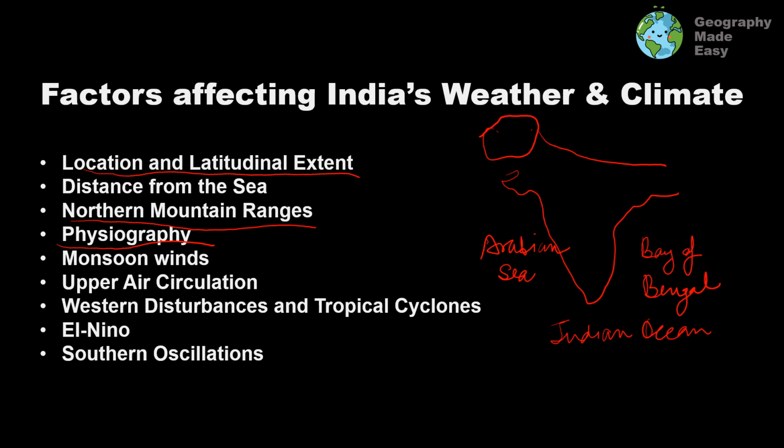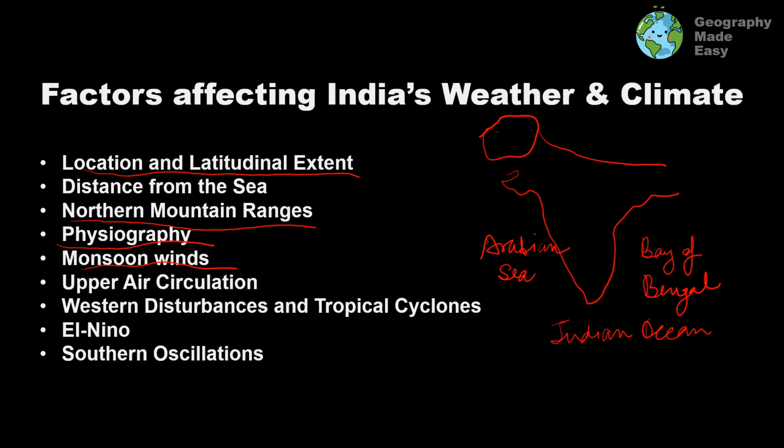The next is the monsoon winds, which will be studied separately as a very important component. The complete reversal in direction of winds during the summers and then after the summers during autumn creates a unique phenomenon which brings a lot of rainfall to the entire subcontinent.